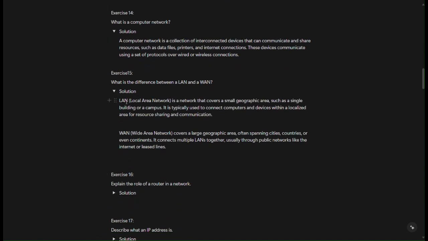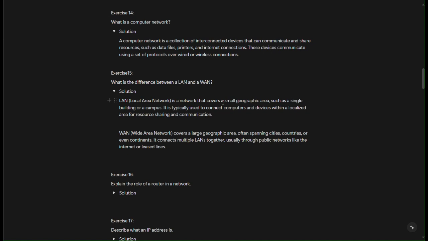LAN, or local area network, is a network that covers a small geographic area, such as a single building or a campus. It is typically used to connect computers and devices within a localized area for resource sharing and communication.